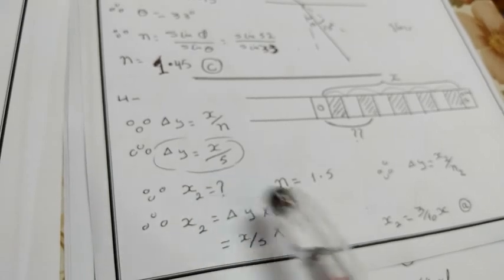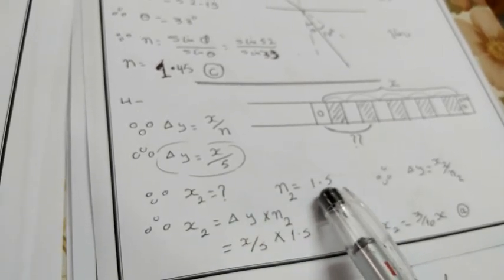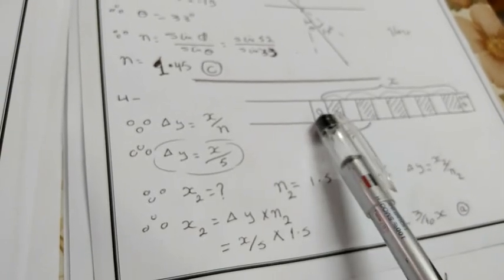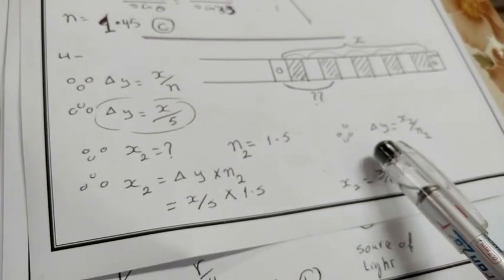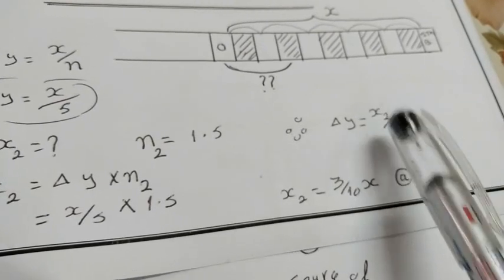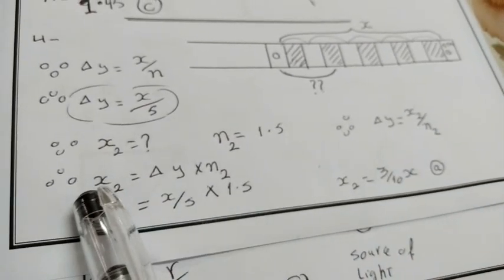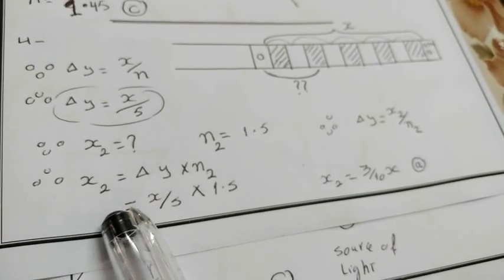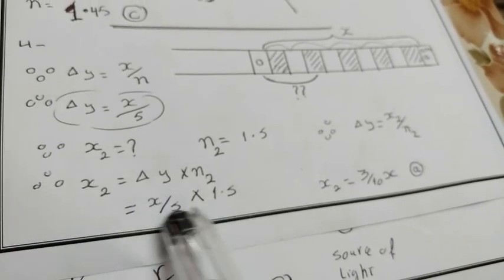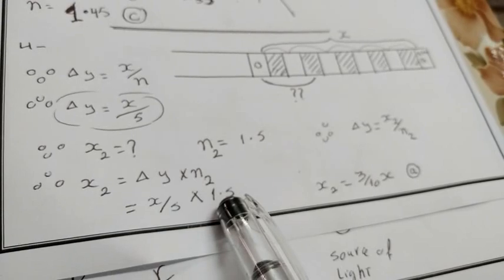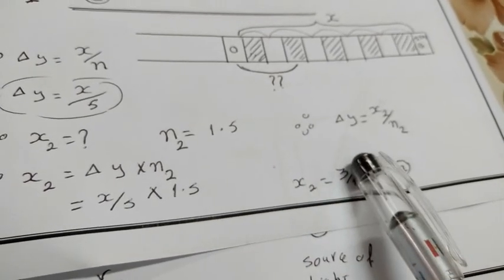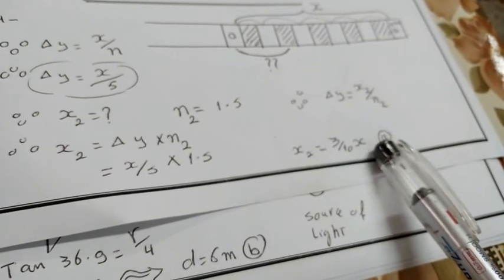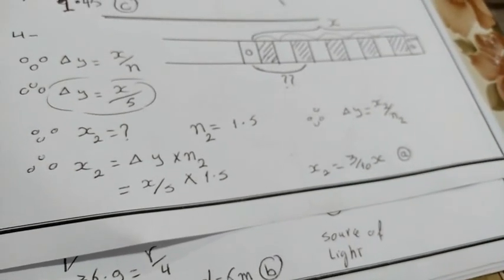So x2 is unknown, and n2 equals 1.5, the number of rings between the second dark and the central bright. So delta y equals x2 over n2, so x2 equals delta y times n2, which is x over 5 times 1.5. So x2 equals 3 over 10 x. So the answer is number A.